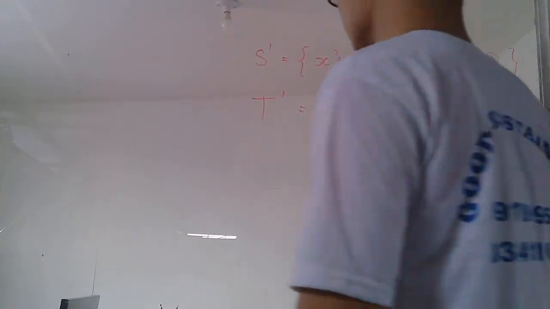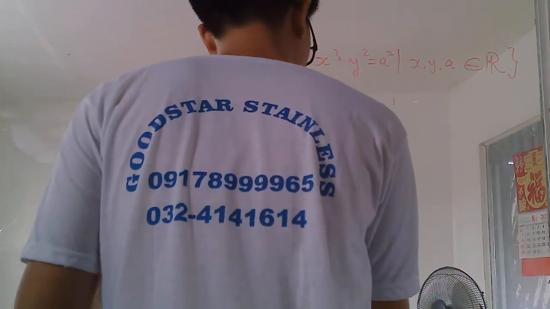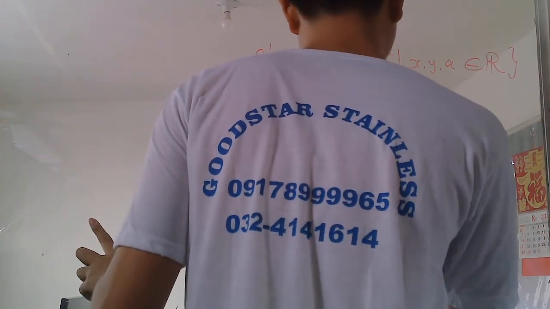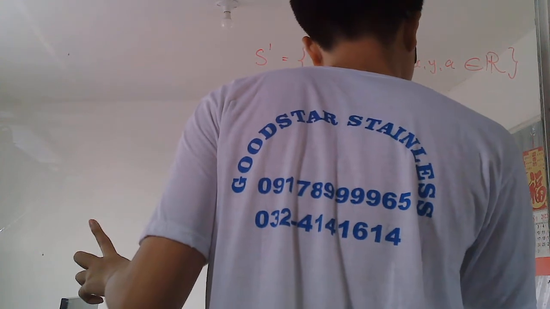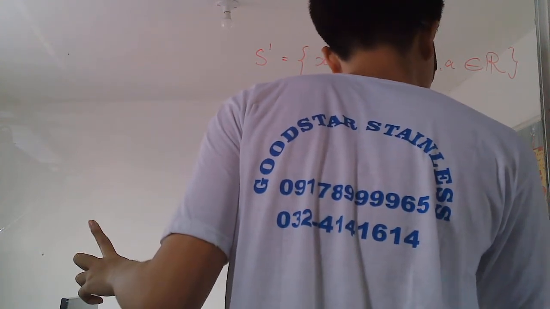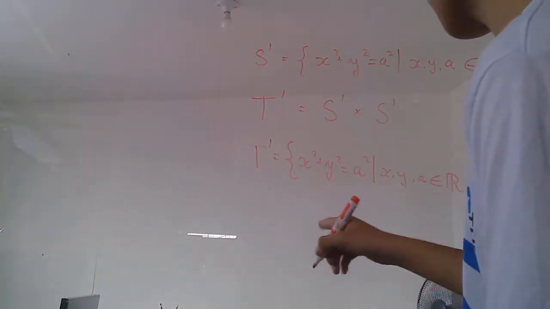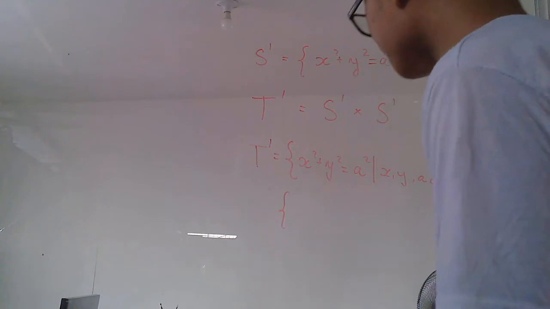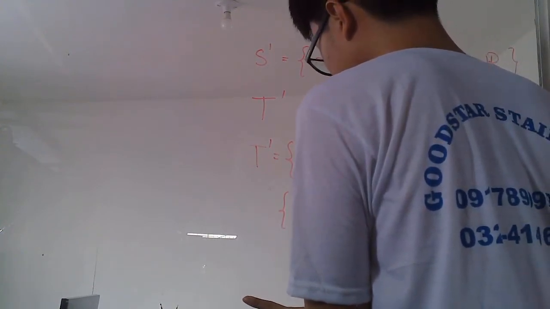So now P1 is equal to x squared plus y squared equals a squared, such that x, y, and a are elements of the real numbers, and then take the Cartesian product with this set, x squared plus y squared.